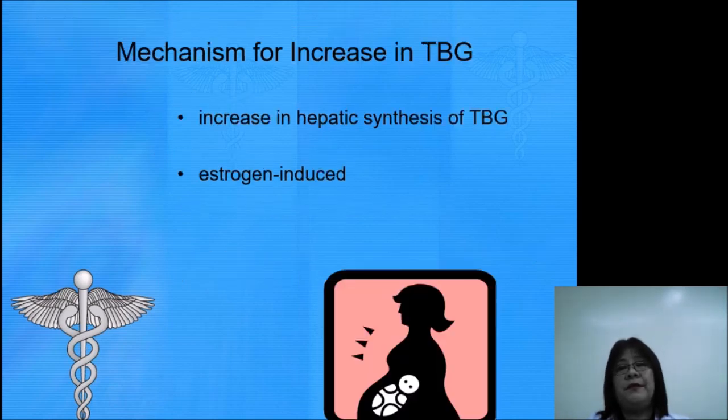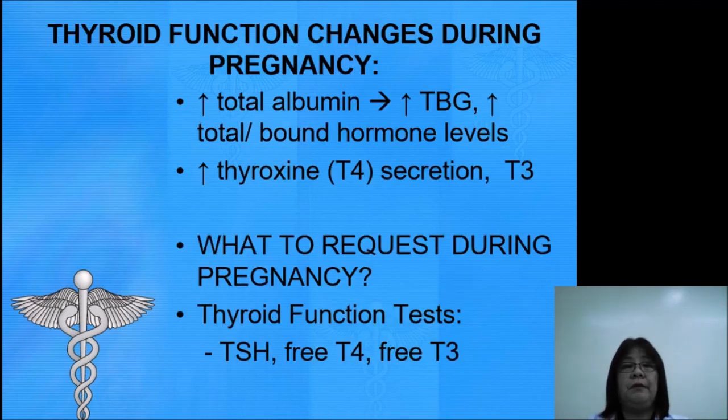The mechanism for the increased TBG is the increased hepatic synthesis of TBG due to your estrogen, which is produced during pregnancy.